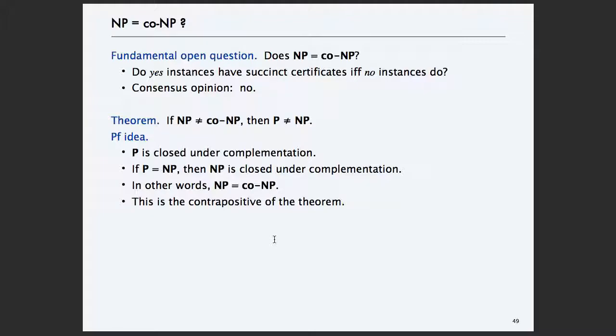If P is equal to NP, then that would mean that NP is closed under complementation because P is. And so NP would be equal to co-NP. We don't believe it's true. So if we were able to show that they're not equal, then that would also show you that P is not equal to NP.